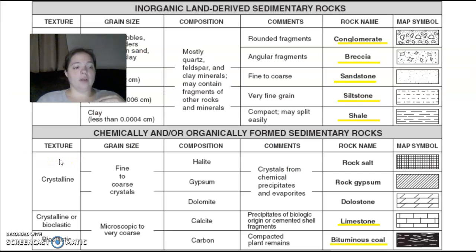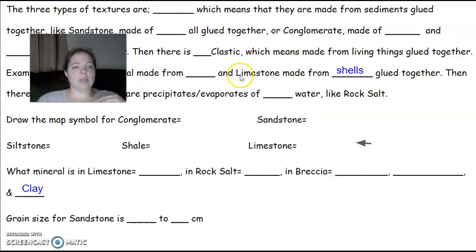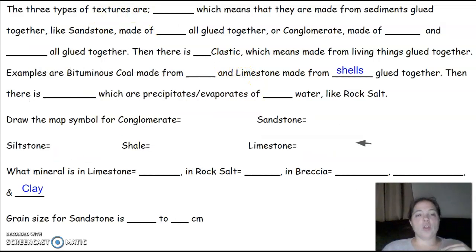All right, some I didn't get. There are 3 types of textures. Classic, which means they are made from sediments glued together, like sandstone, made of sand all glued together, or conglomerate, made of pebbles and or cobbles glued together.